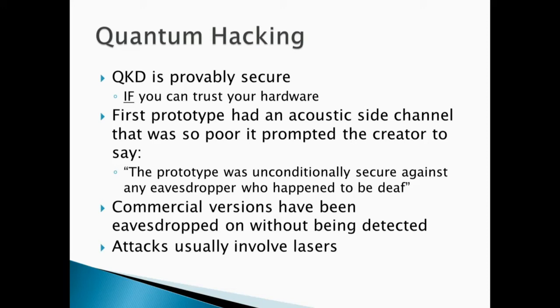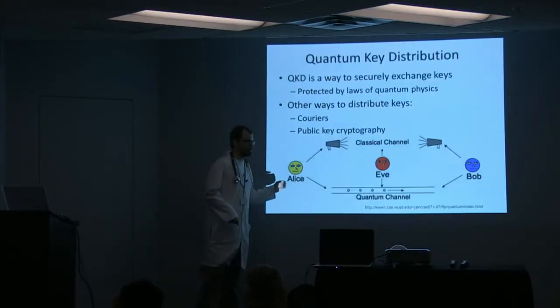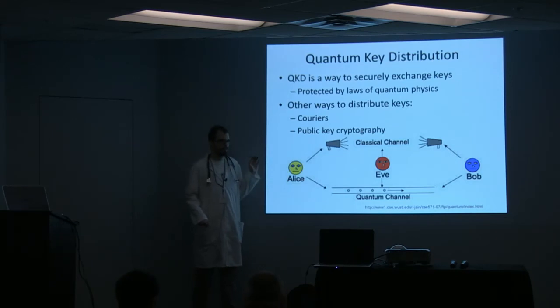But even though we've had these side channel attacks against it, because these side channel attacks rely on having access to the stuff exchanged over the classical channel, that doesn't need to be encrypted if quantum cryptography can be perfect, which it isn't. So in practice, the vendors who make these quantum key distribution systems know that they're not necessarily secure.